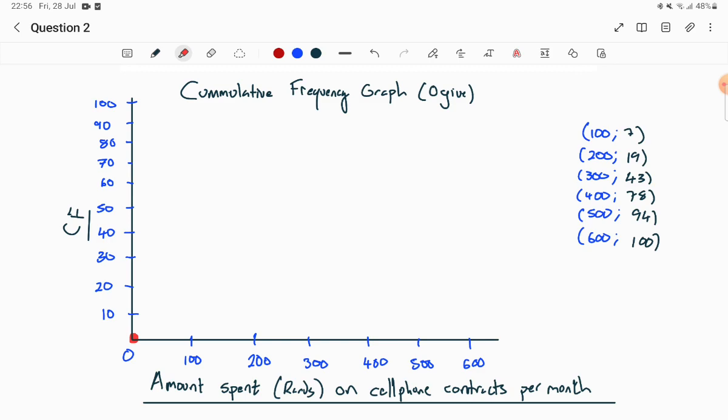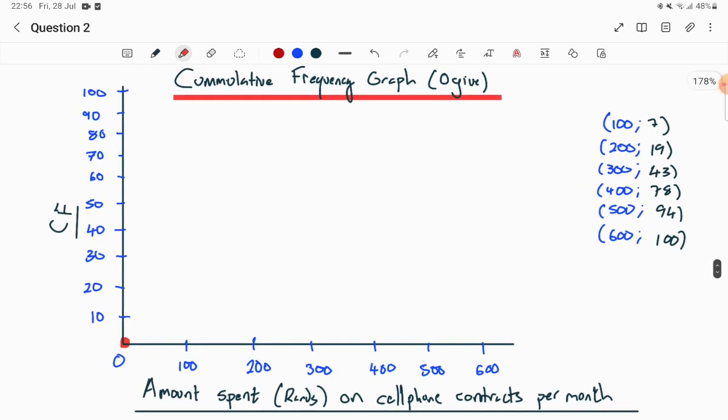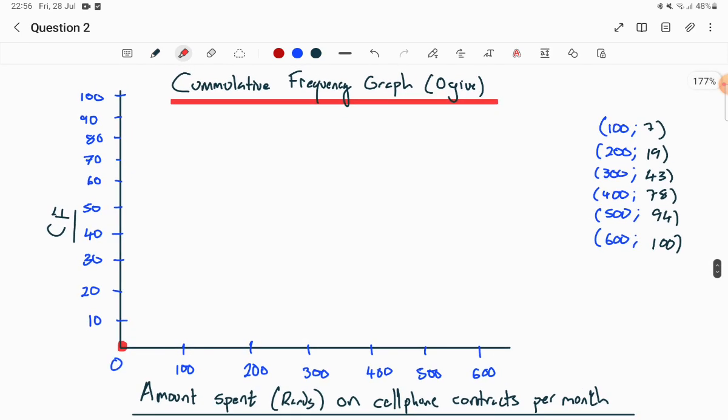So firstly, cumulative frequency ogive curve, that is your heading, and thereafter amount spent in rands on sample contracts per month, that is your x-axis. As you can see, we have a scale of 100 for the x-axis, and I've used a scale of 10 for the cumulative frequency going all the way to 100. So firstly, the first point 0 and 0, that's fine, that grounds our ogive curve.